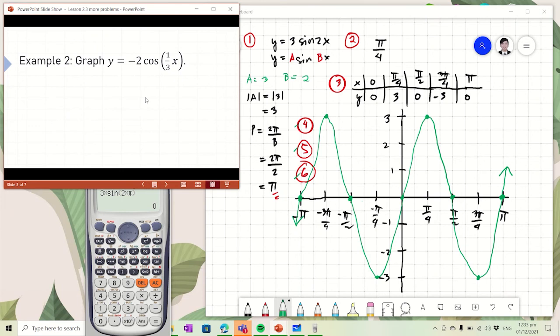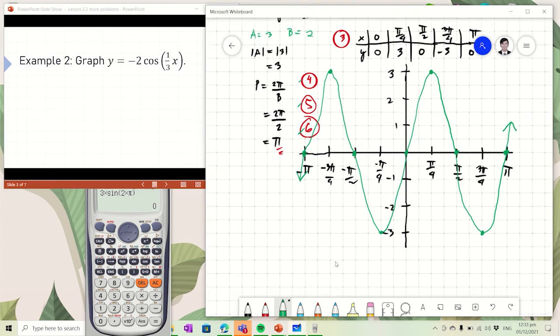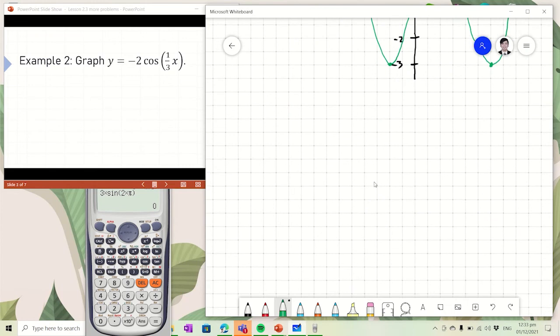Okay, yung kasunod naman natin, next item tayo. Example number 2, we are asked to graph y is equal to negative 2 times the cosine of 1/3 x. Okay, so scroll down lang tayo dito.